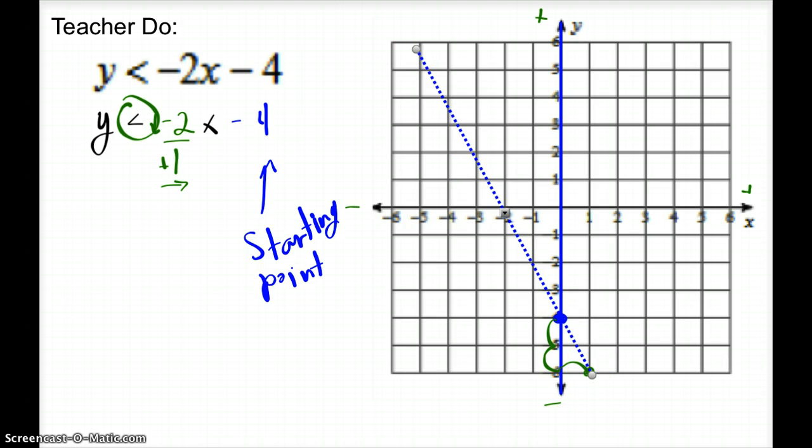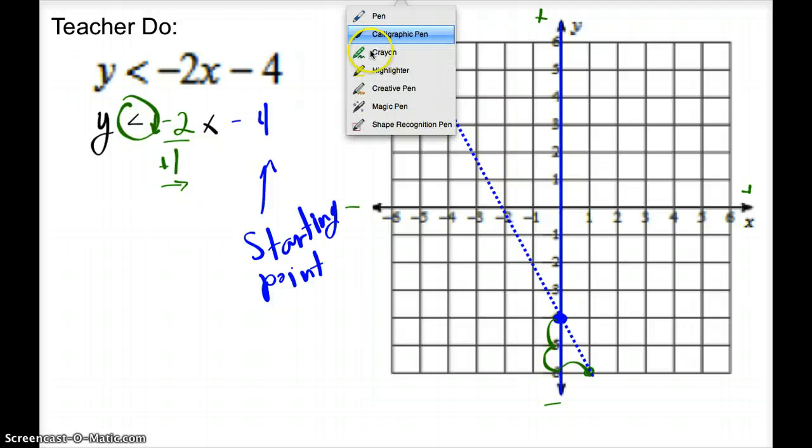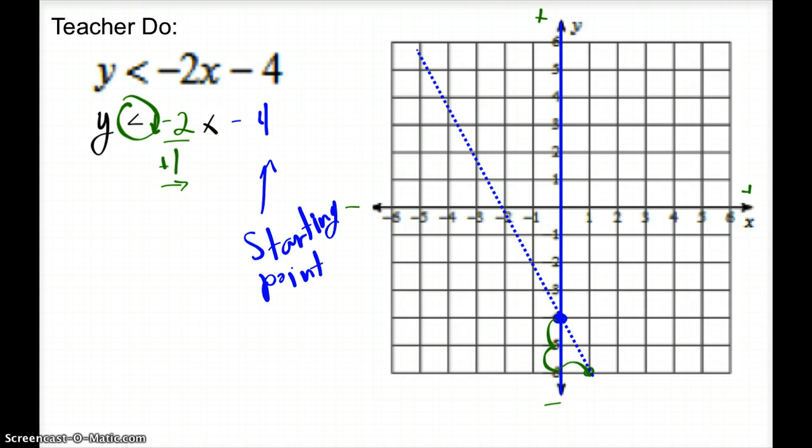This line I'm going to shade below. Now, how do you figure out which one is above and which one is below? It's actually easier than it looks. I'm going to pick any point on the line. Let's say I pick this point and go down. Oh, so I'm going to shade this part of the line, everything below. So pick a point on the line and just go up or go down depending on if you're shading up or shading down. Ta-da, we're done.